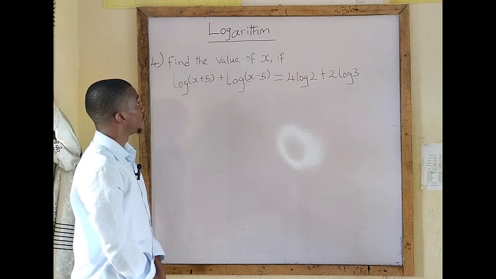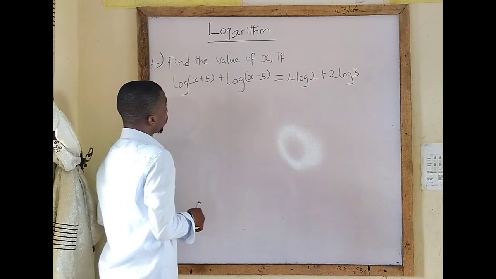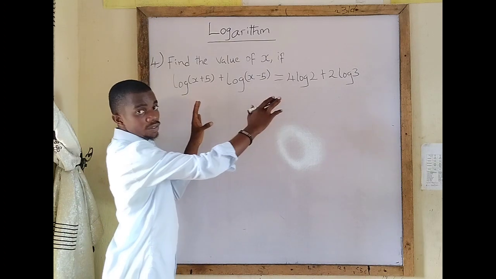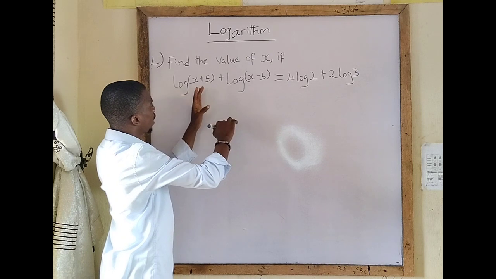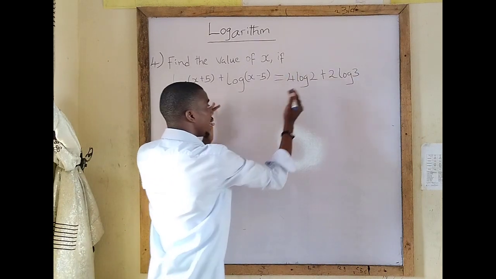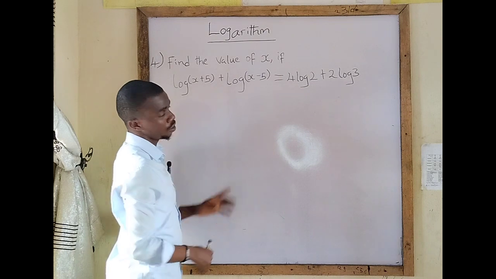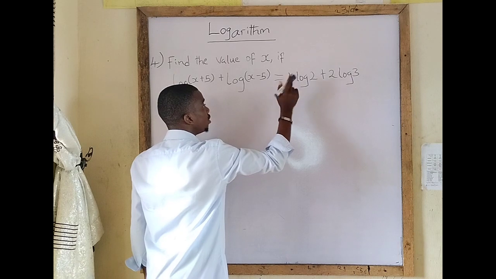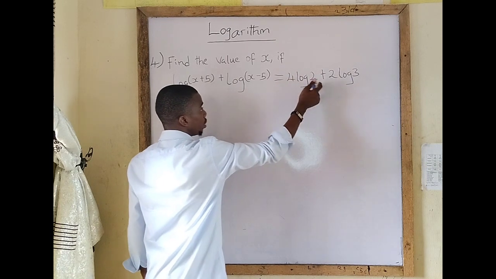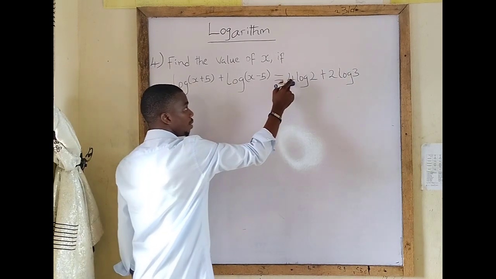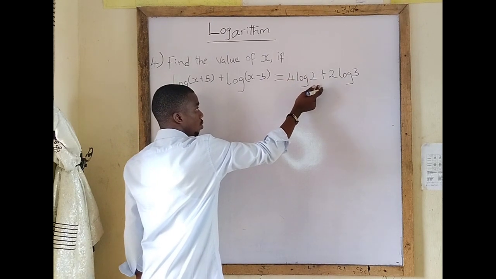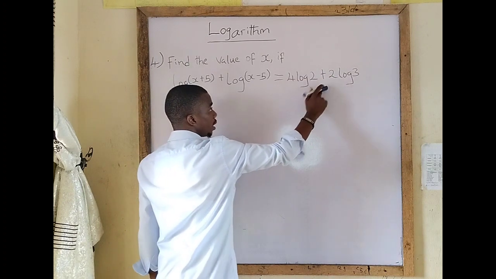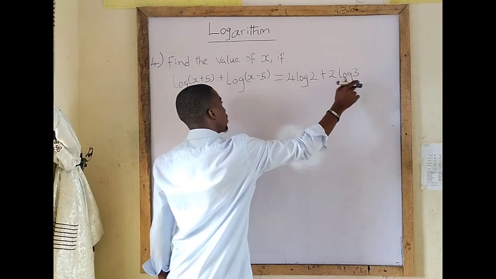If you look at this expression very well, you see that the right hand side and the left hand side are not in the same form. On the right hand side you have numbers that are used to multiply the logs, like we have here 4 log 2, which means 4 times log 2, and 2 log 3 means 2 times log 3.